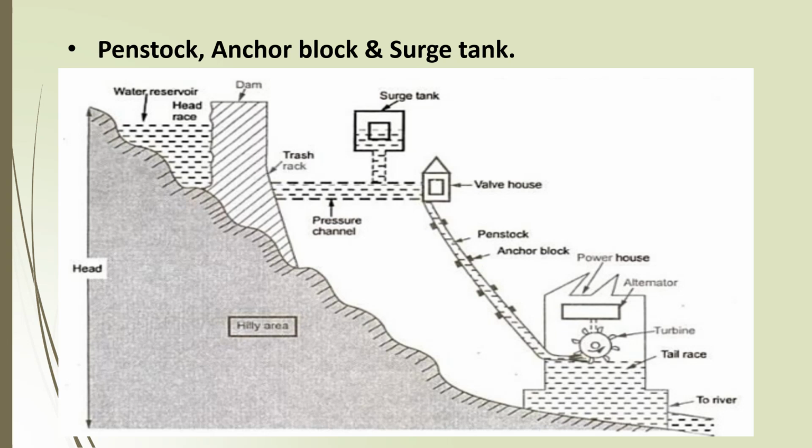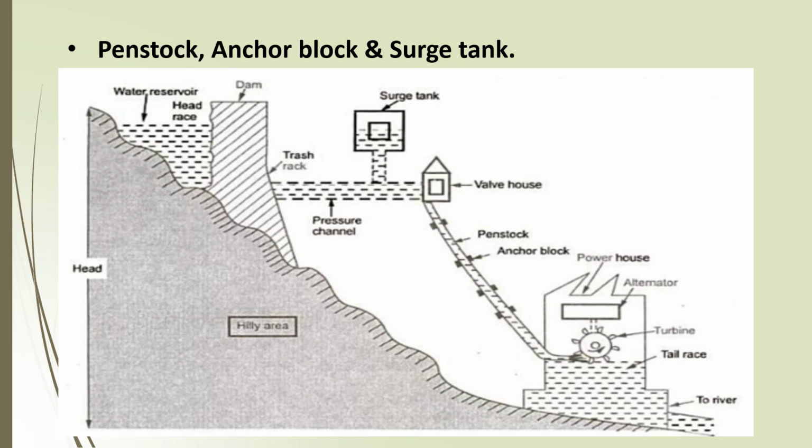And now a surge tank is provided. A valve house is there. You can control the flow of water through the valve. Then you have a penstock. From the dam to the inlet of the turbine runner, a penstock is there. And the penstocks are supported by the anchor blocks. And you can see the water at the bottom of the turbine where the hydraulic energy is converted into mechanical energy.